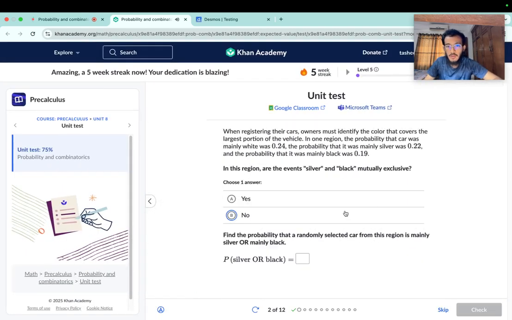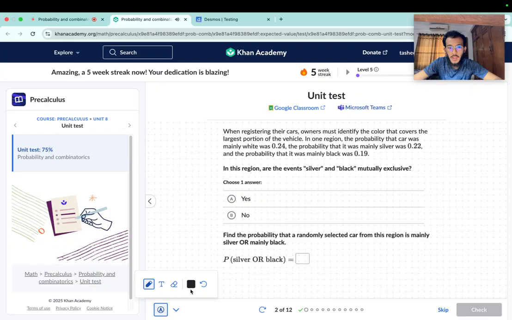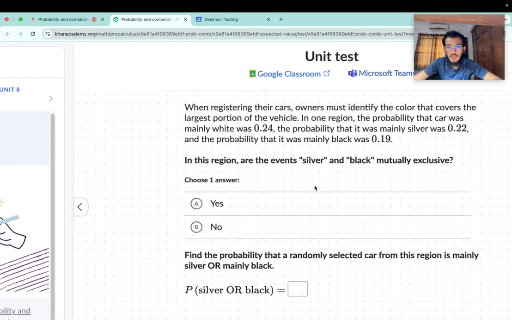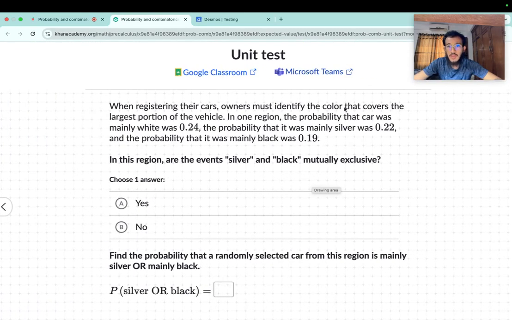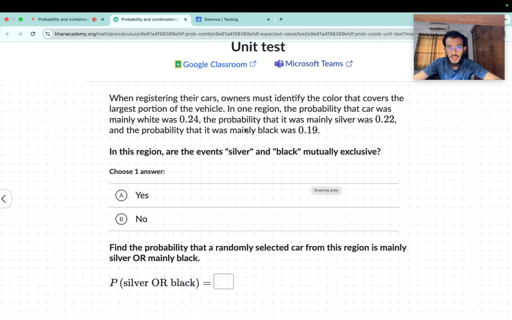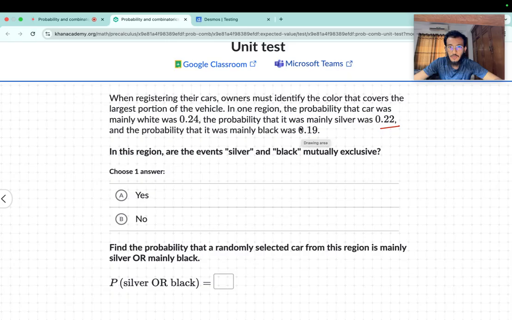All right, so when registering their cars, owners must identify the color that covers the largest portion of the vehicle. In one region, the probability that a car was mainly white was 0.24, mainly silver was 0.22, and mainly black was 0.19. In this region, are the events silver and black mutually exclusive?